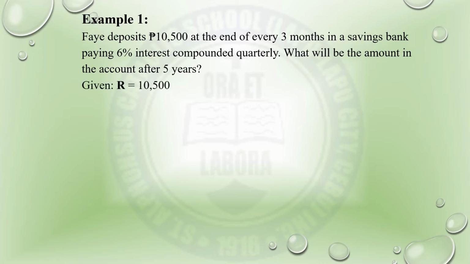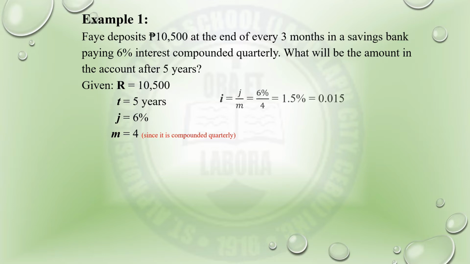The given R, or the regular or periodic payment, is equal to 10,500 because Faye's payment is at the end of every 3 months. T, or the time or term of the annuity, is equal to 5 years. J, or the interest rate, is equal to 6%. M, or the conversion period, is equal to 4 since it is compounded quarterly.